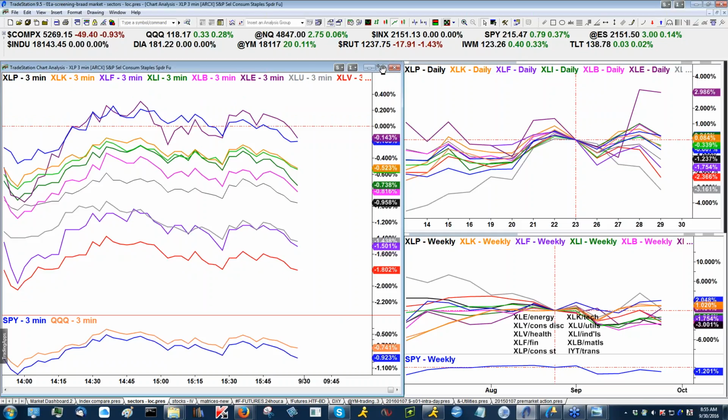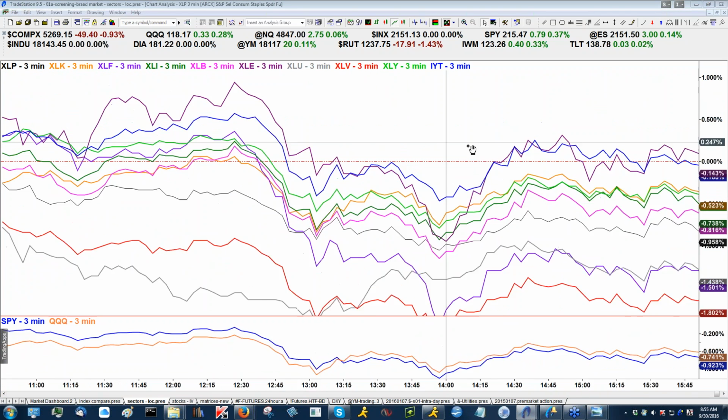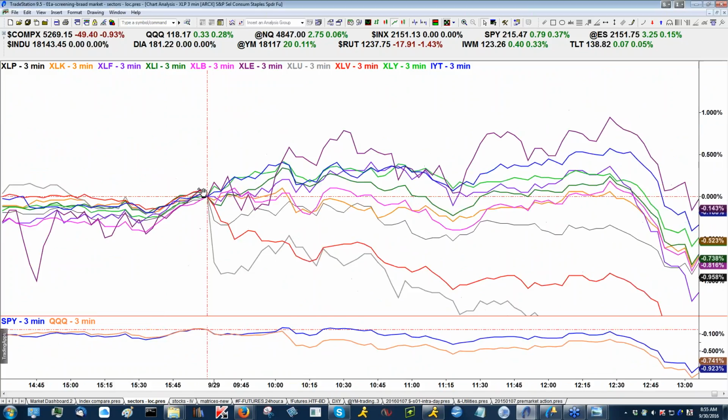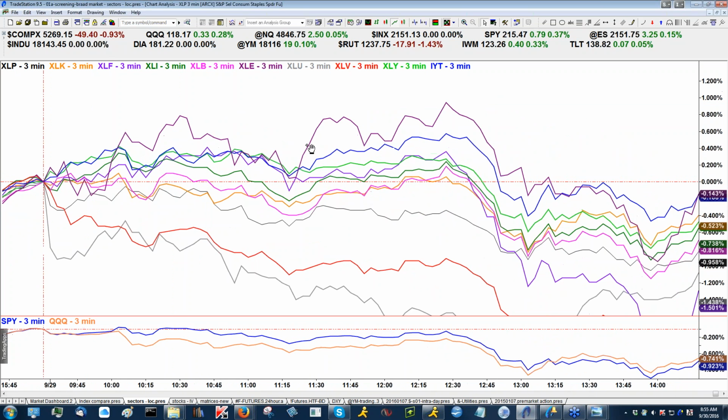And what we're looking at here is from the start of the day, and if you can see that red line there, at the start of the day everything zeroes out, and then it's the relative performance of each of these individual sectors over the course of the day.